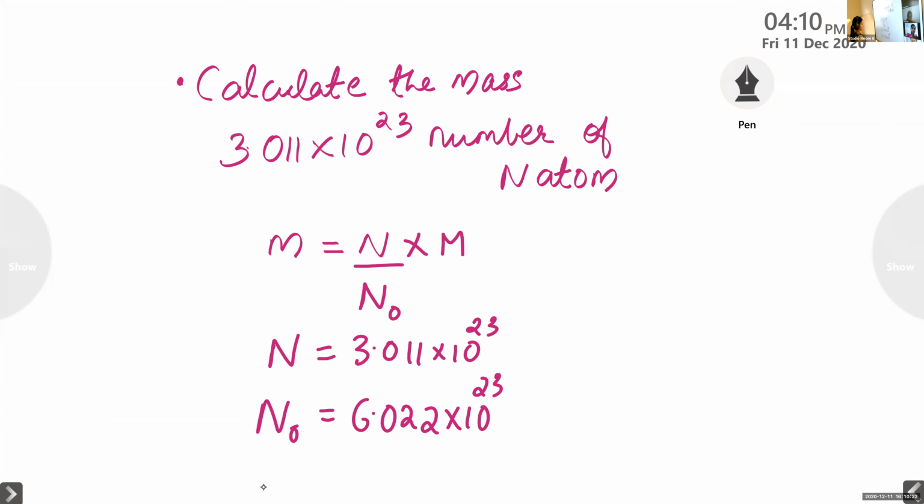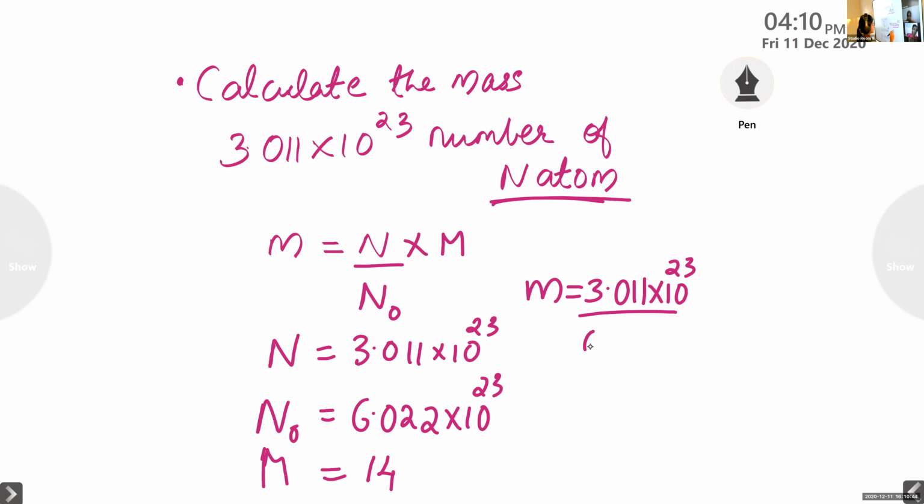Then what about the capital M? It's 14, because it is a nitrogen atom. Therefore, m is equal to N by N0 into M, that is 3.011 into 10 raised to 23 divided by 6.022 into 10 raised to 23, then into 14.